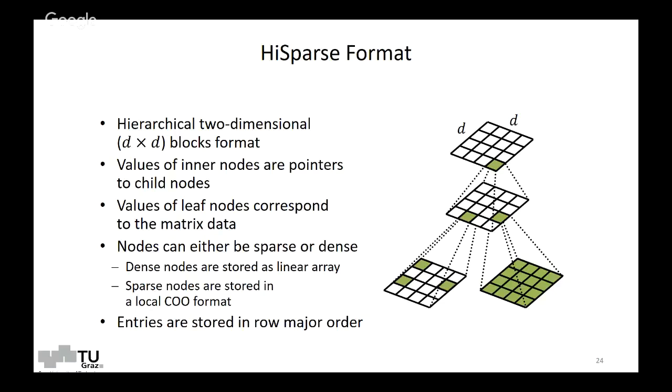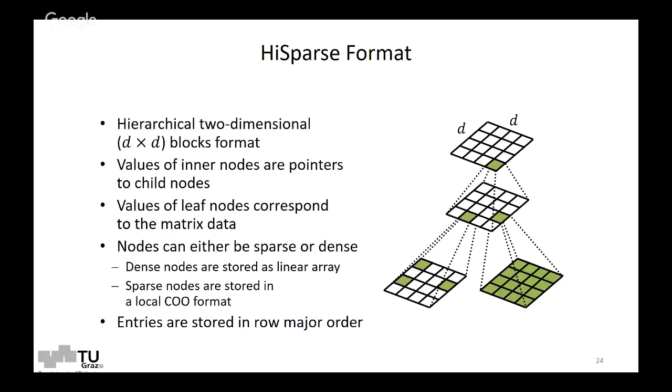So let's talk a little bit about the format that I was already implicitly describing. The format should be a hierarchical one where we have individual blocks on the different levels, and the data will usually be sparse. So we will have sparse entries on the higher levels of the nodes, and when we come to the leaf nodes, we have the actual data, which will usually be floating point values.